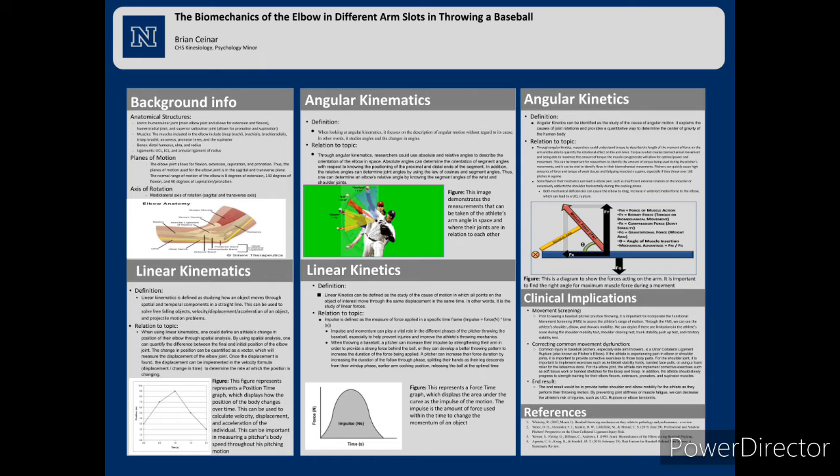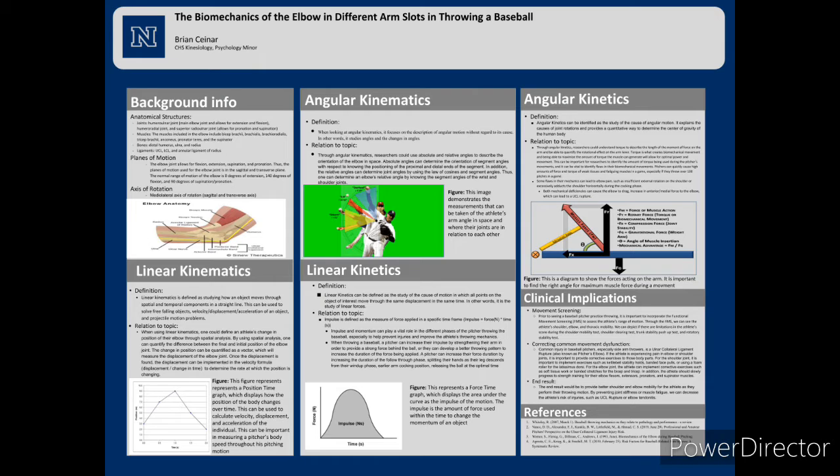We can use spatial analysis to quantify the difference between the final and initial position of the elbow joint. The change of position can be quantified as a vector, which will measure the displacement of the elbow joint. Once the displacement is found, it can be implemented in the velocity formula, which is displacement over a change of time, and you can find the rate at which the position is changing.